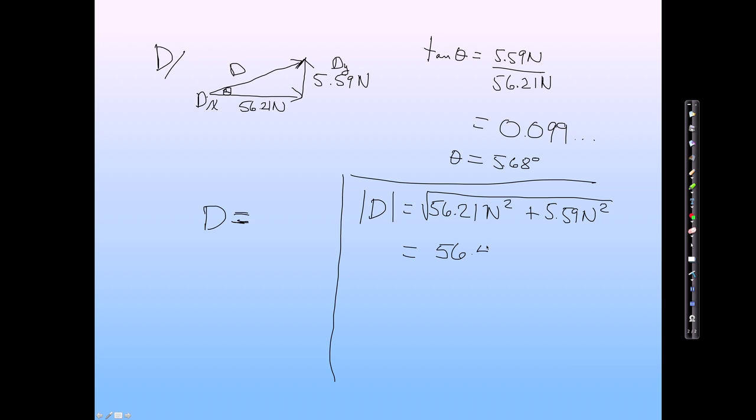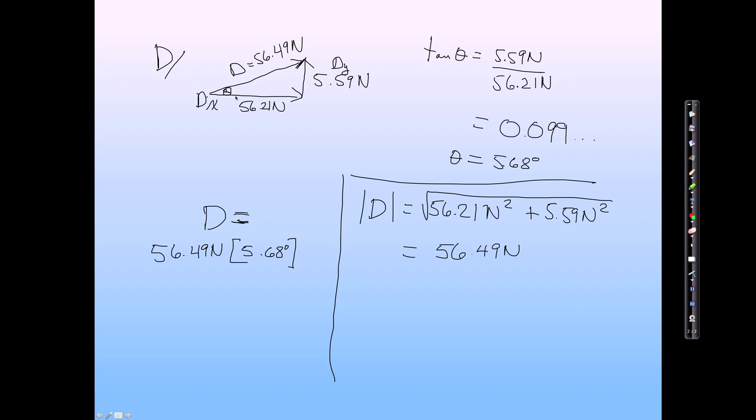And so D is 56.49 newtons. We have the angle, we have the magnitude: D equals 56.49 newtons in the direction 5.68 degrees.